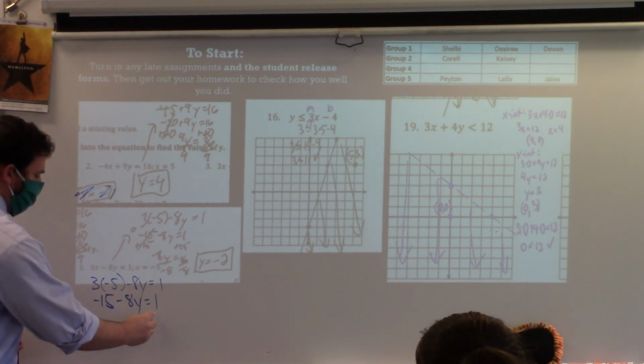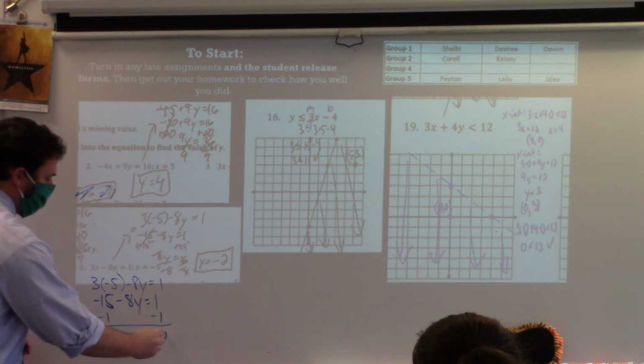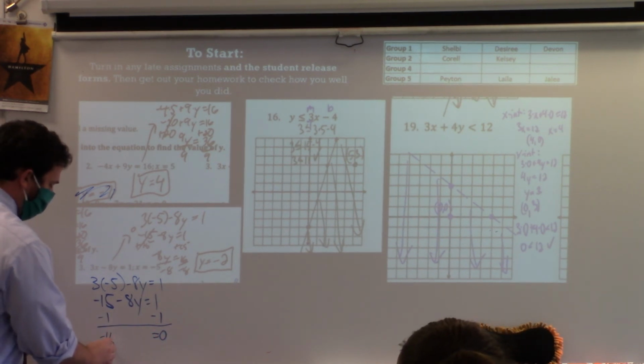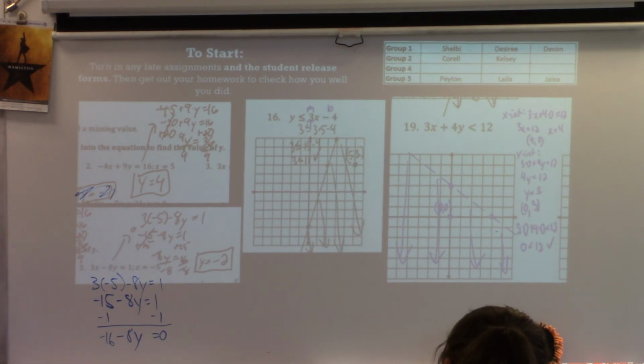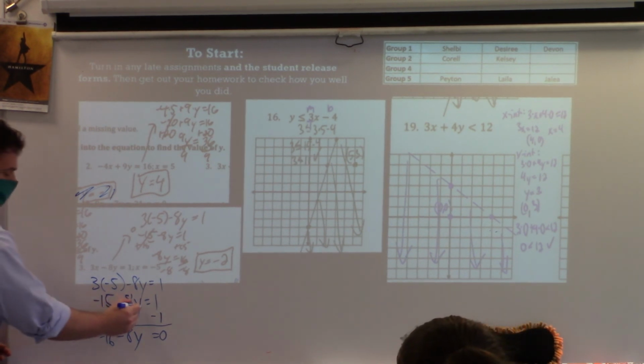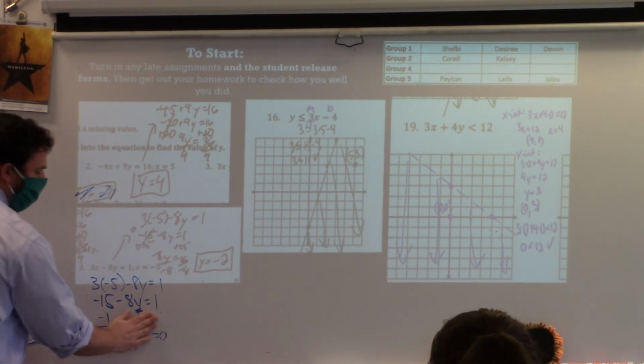Add 1. So if we subtract 1, 1 minus 1 is 0. Negative 16 minus 8y. Did you get closer to finding out what just y is? Not really. I mean, you kind of, but remember, what I want to know is what this y is. So I need to get rid of the stuff around it.